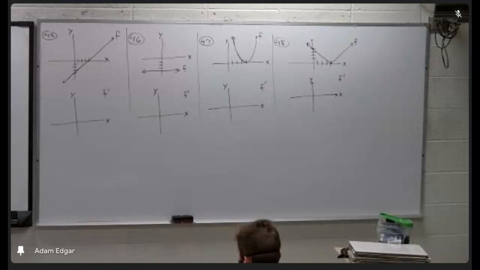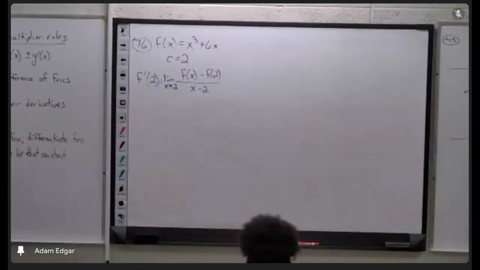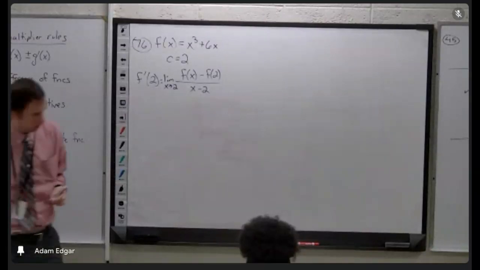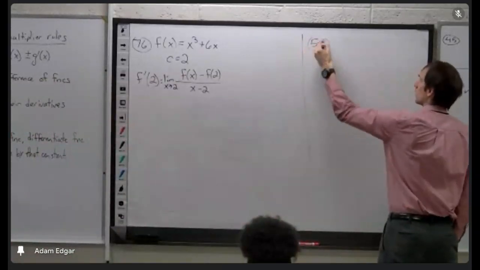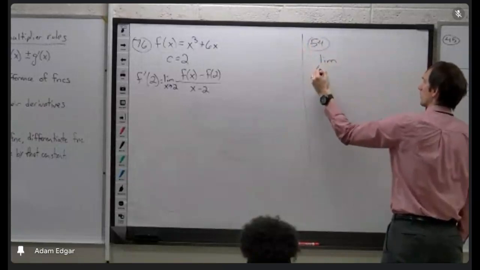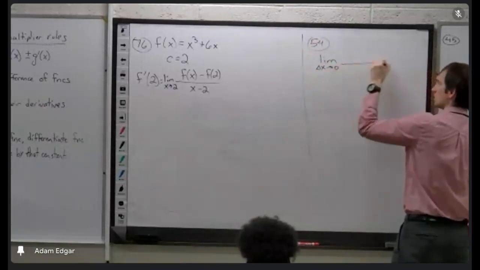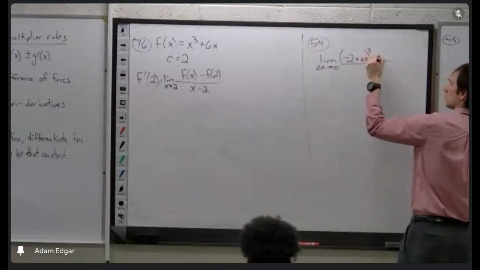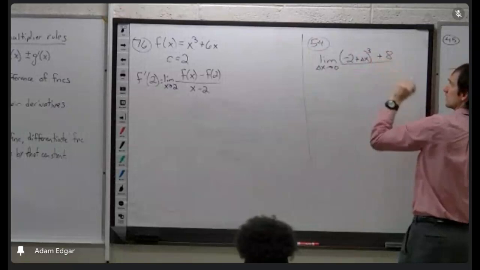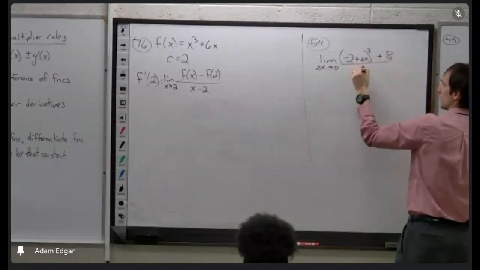54? Yeah. The answer key copied down the problem wrong out of the book for 54, I think. Or maybe for 55. One of those was copied down out of the book wrong. So for 54, they're giving you this limit as delta x approaches 0 of -2 plus delta x cubed plus 8 over delta x.